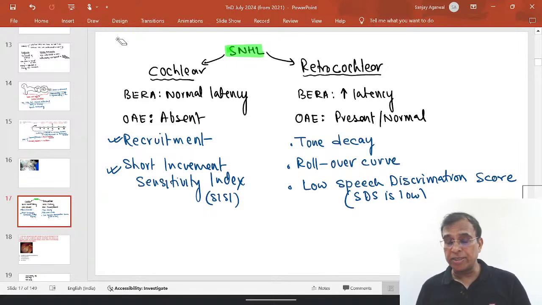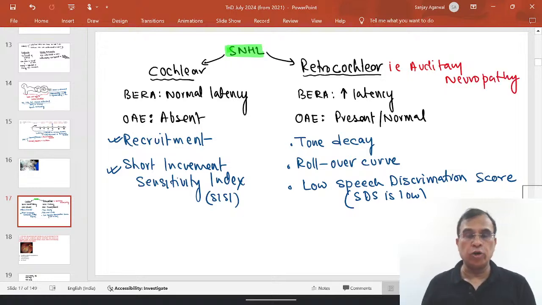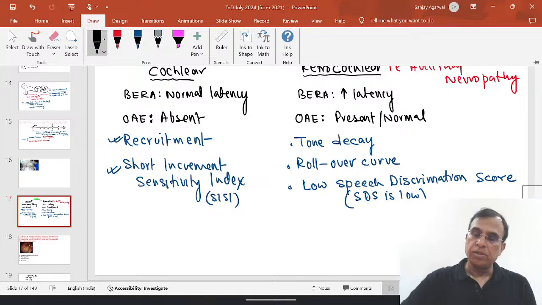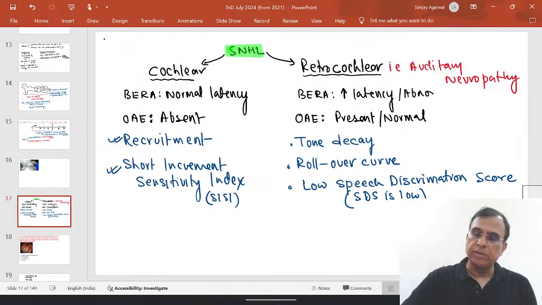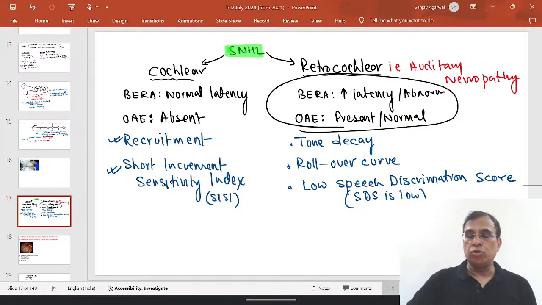Whereas in a retrocochlear disease, for example auditory neuropathy, BERA will show increased latency, which is abnormal, and OAE will be normal. These two things were given in this question, so it becomes true.